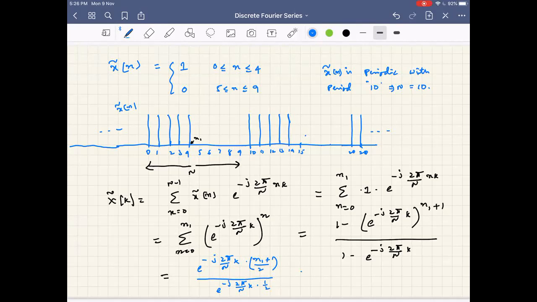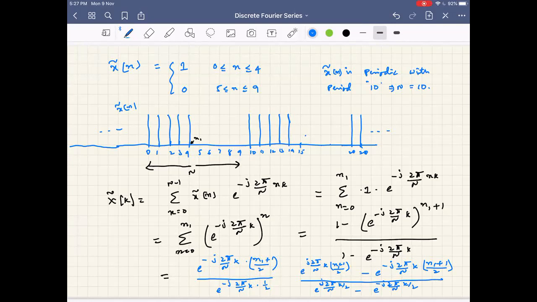And then what we have is e power j 2 pi by N k, n1 plus 1 by 2, minus e power minus j 2 pi by N k, n1 plus 1 by 2, divided by, please see what the numerator term and the denominator term are now: e power j 2 pi by N into k by 2 minus e power minus j 2 pi by N into k by 2, right?